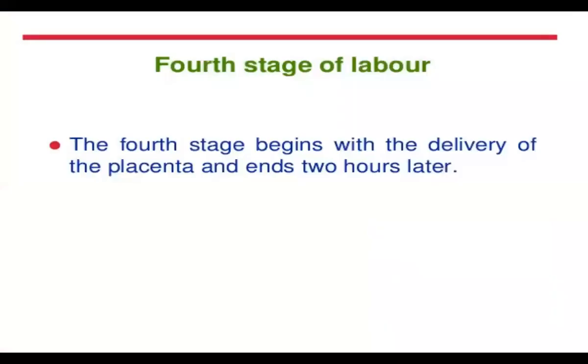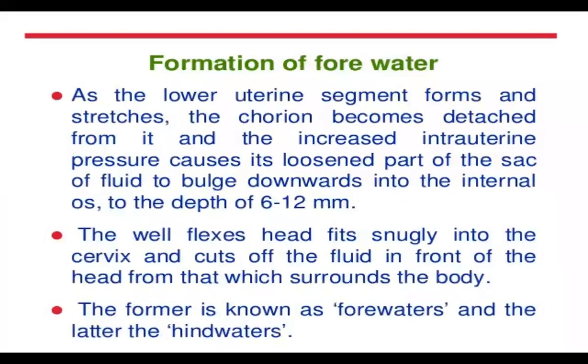And the fourth stage begins with delivery of the placenta and ends 2 hours after the delivery of the placenta. That is called the fourth stage. In between, as the lower uterine segment forms and stretches, the chorion becomes detached from it, which increases the intrauterine pressure and causes loosening of the membranes.